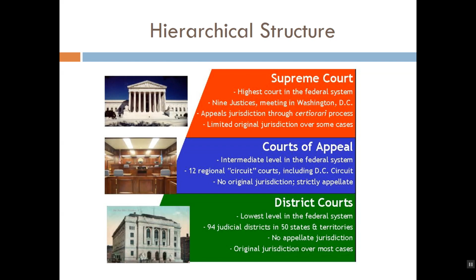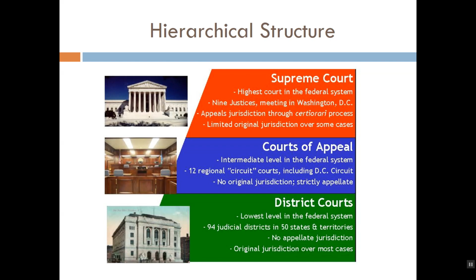For now, though, let's ignore that 13th Court of Appeals because it's an exception to the general rule, and I don't want it to confuse you. We've got at least 12 circuit courts, each of which has jurisdiction to hear appeals to the decisions of district courts within its own circuit.